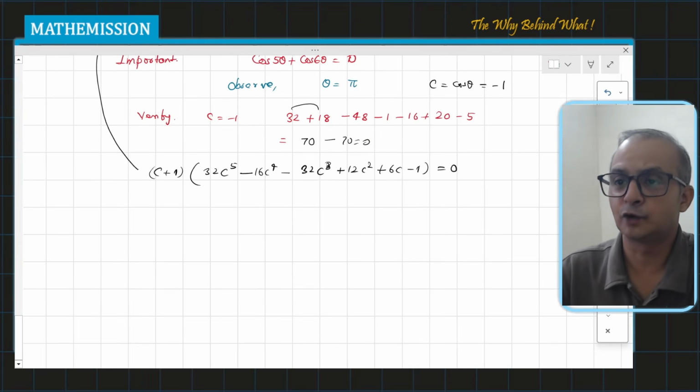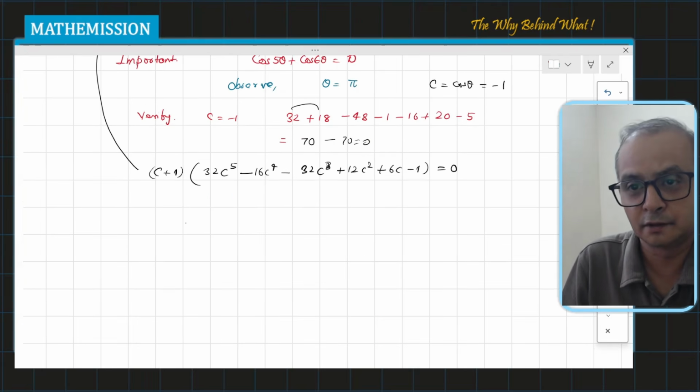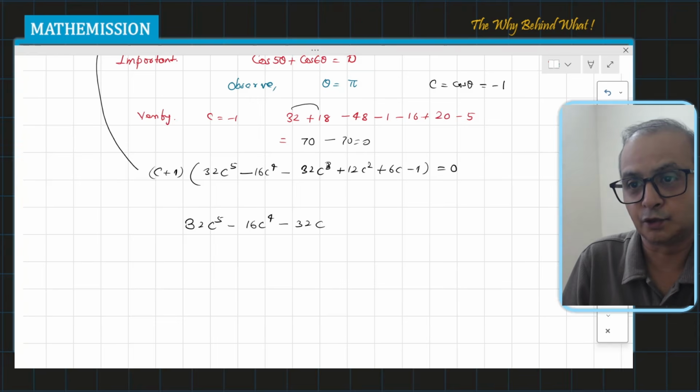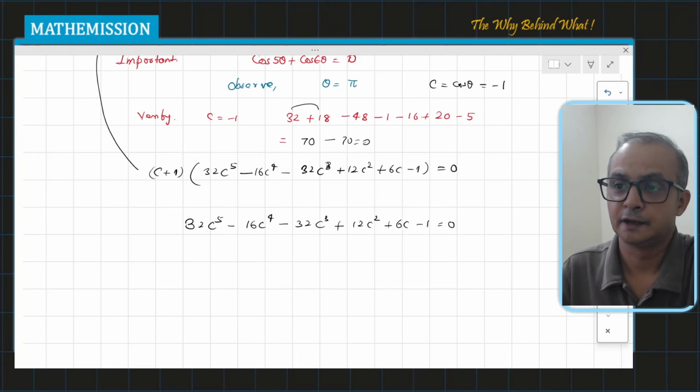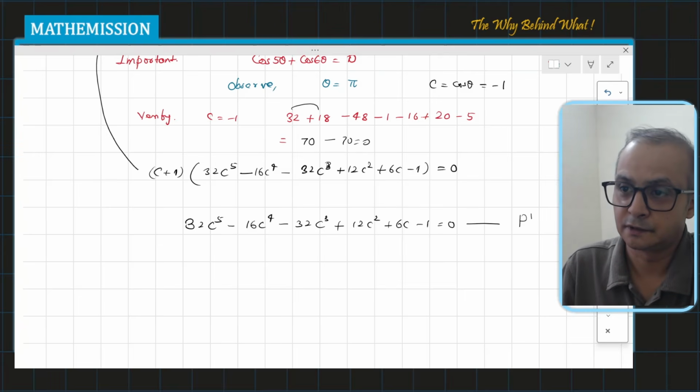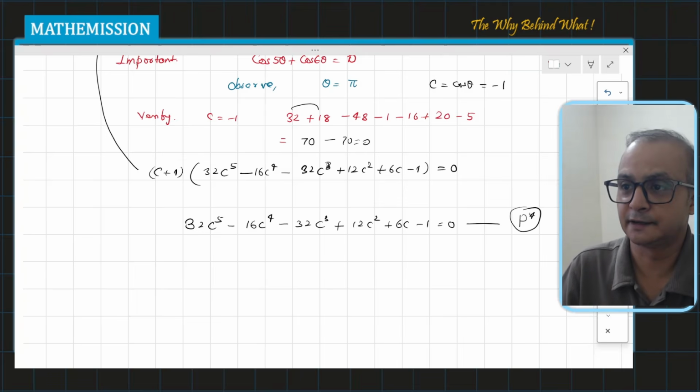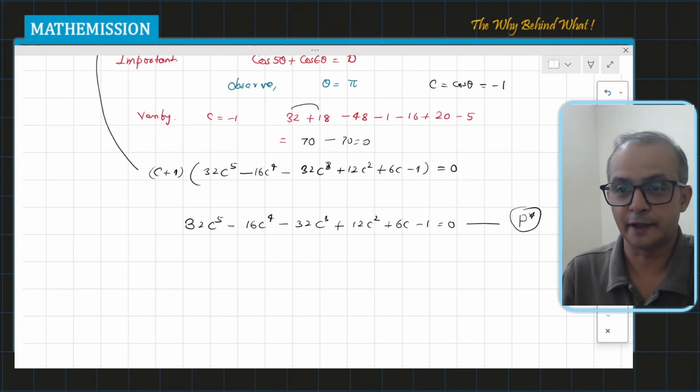It means now we are looking for the new polynomial, what we have here: 32c to the power 5 minus 16c to the power 4 minus 32c to the power 3 plus 12c squared plus 6c minus 1 is equal to 0. Now this is polynomial star, let's say, and on this we have to work.